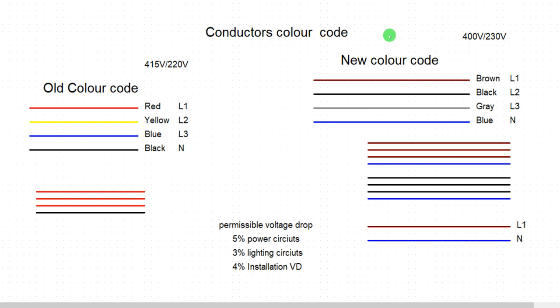That is what the automatic voltage regulator is set to produce. The AVR inside the alternator has been set and programmed to regulate the voltage at 400 volts stroke 230 volts. That is the updated generating voltage as we speak.